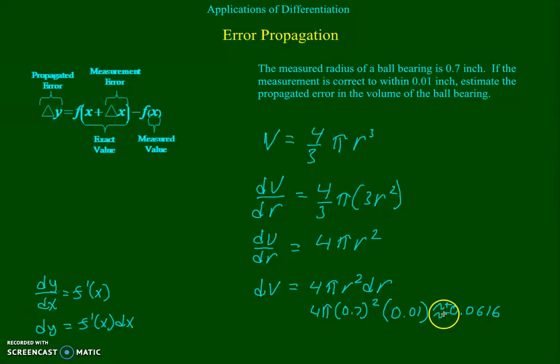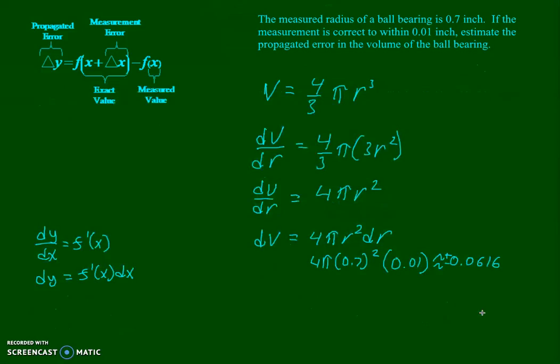So this is our propagated error. Now, in looking at this number alone, it's difficult to tell if this is good or bad. And one way we can solve that is by doing a comparison. We can compare this propagated error with the actual volume.